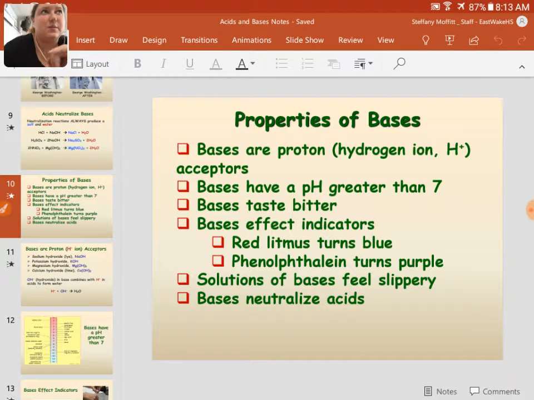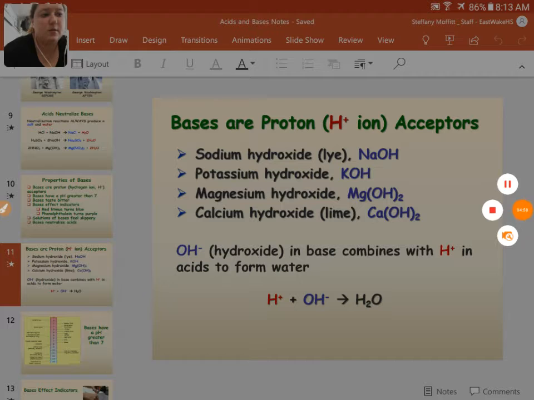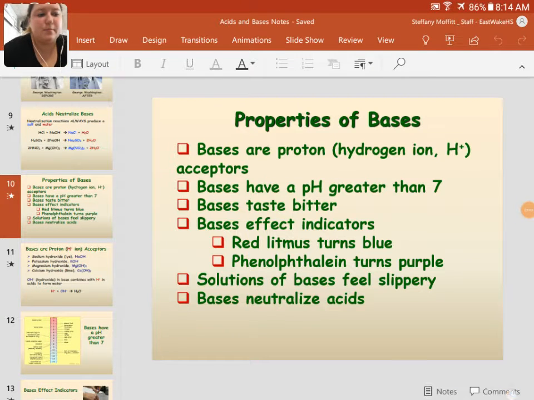So that NaOH that we used in the lab on Tuesday, that NaOH was actually slippery if you felt it, because it is a base. They accept that proton, that H plus ion.